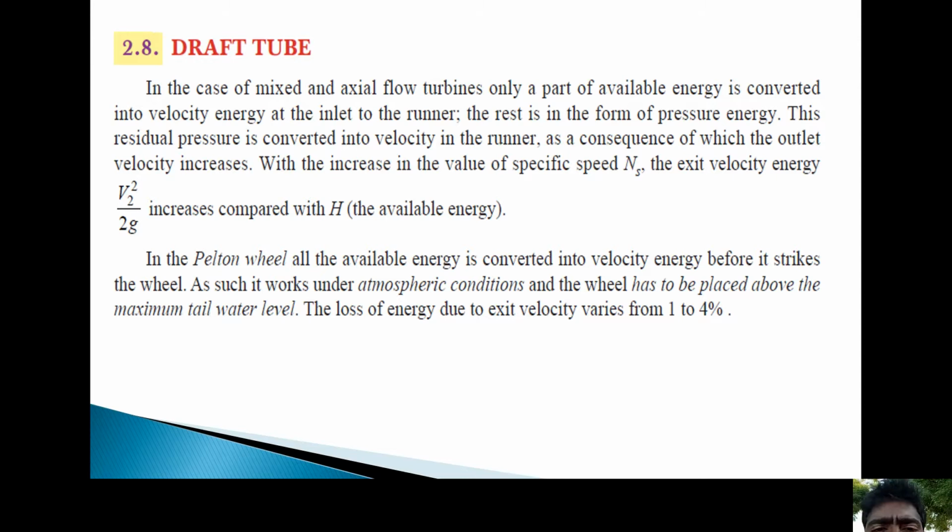Under atmospheric conditions, the wheel has to be placed above the maximum tail race level. The loss of energy due to exit velocity varies from 1 to 4%, that is, the energy losses in the turbines are 1 to 4%.